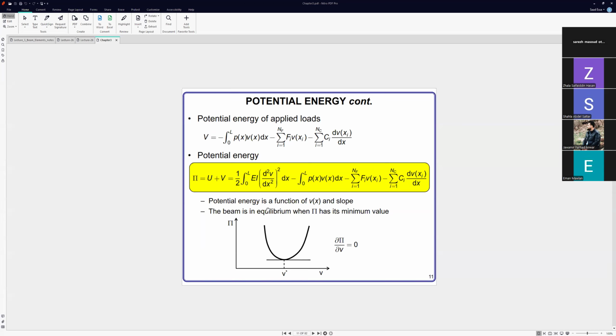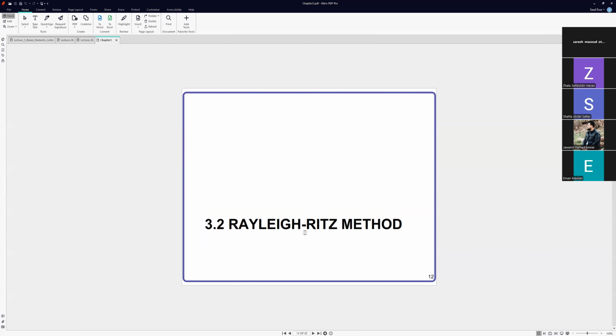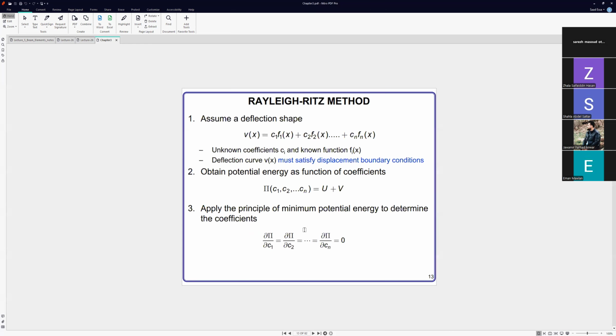Potential energy is a function of v of x and slope. So the beam is in equilibrium when pi has its minimum. When we say minimum value, this means that del pi over del v, which is the displacement, should equal 0. So now we have the Rayleigh-Ritz method.